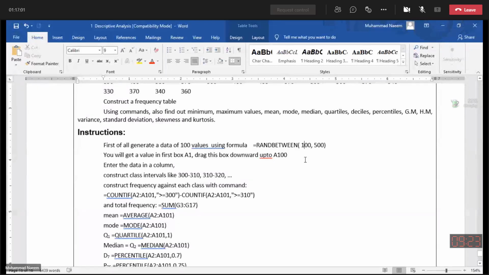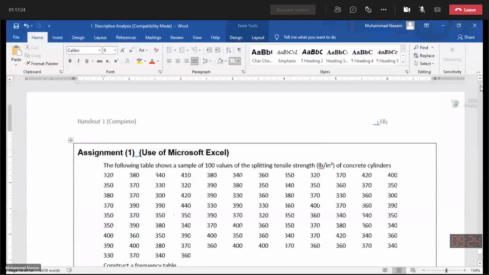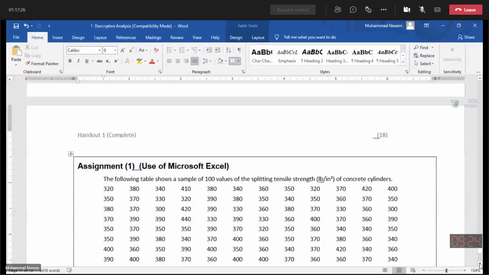Then construct a frequency distribution. The minimum is 300 and the maximum is whatever it is in this case. And also calculate the rest of the measures mentioned here.